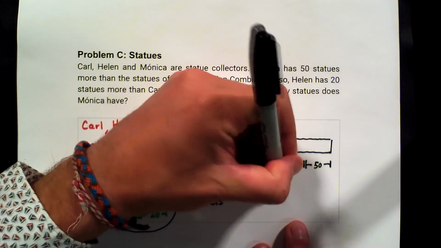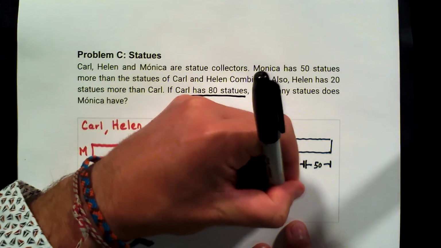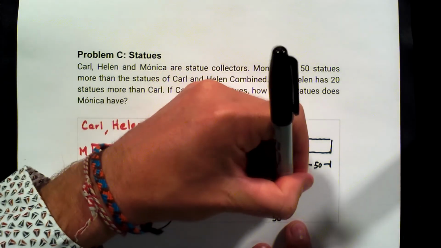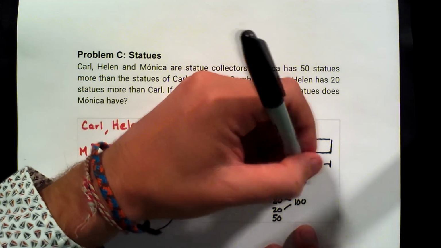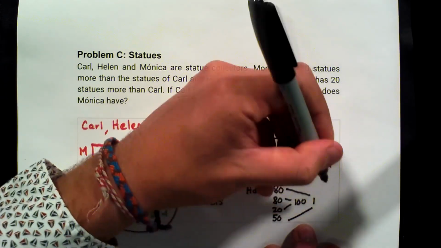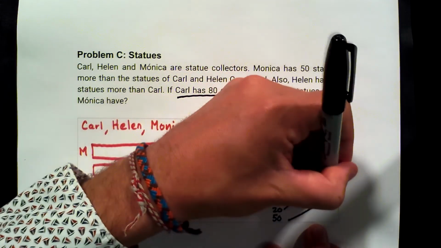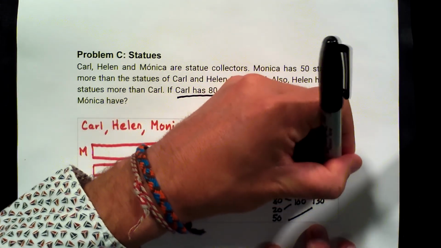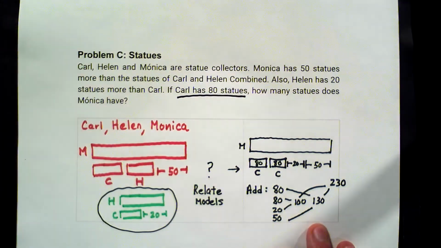So 80, 80, 20, and 50. And so 80 and 20 are 100, and 80 and 50 are 130. So the final answer should be 230. Okay, so Monica should be 230.